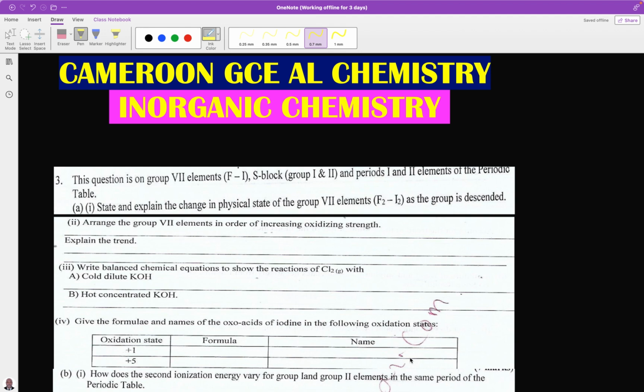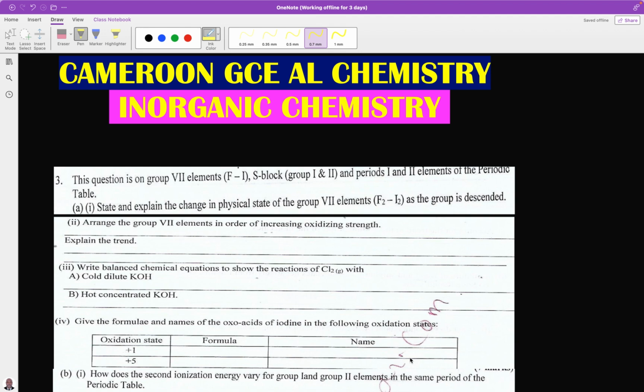Then the S block, that is group 1 and 2, then the period 1 and 2 elements of the periodic table. A1: state and explain the change in physical state of group 7, that is fluorine to iodine, as the group is descended.